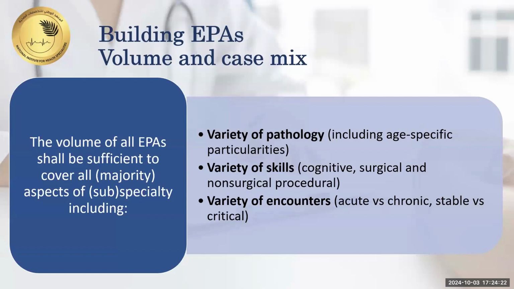It's the same disease, but with really different aspects and particularities. Variety of skills, cognitive, surgical, or non-surgical procedural, and variety of encounters, acute, chronic, stable, unstable, critical, and so on.